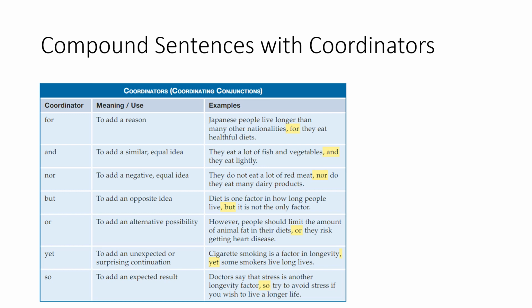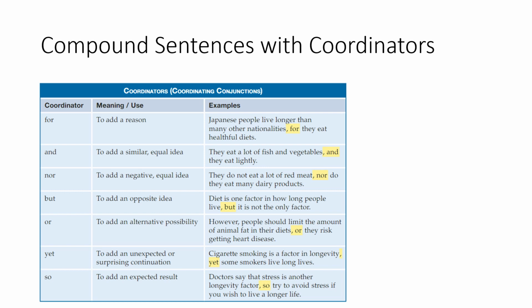They eat a lot of fish and vegetables, and they eat lightly. Nor is used to add a negative, equal idea. For example, they do not eat a lot of red meat, nor do they eat many dairy products. Look here, nor is followed by a question form.